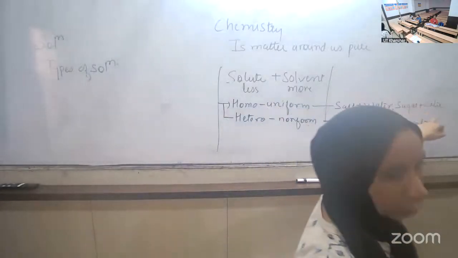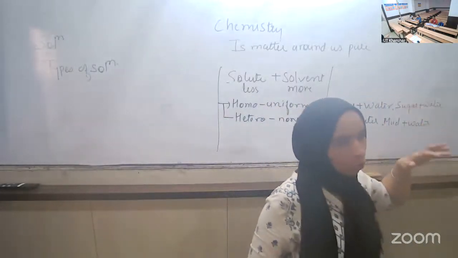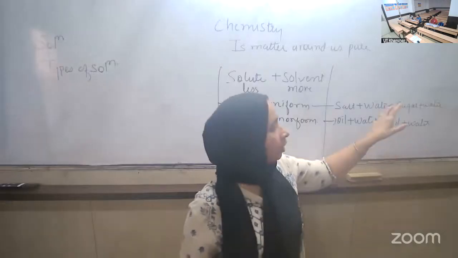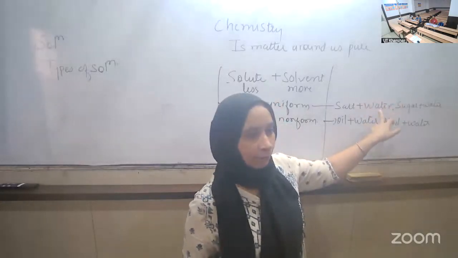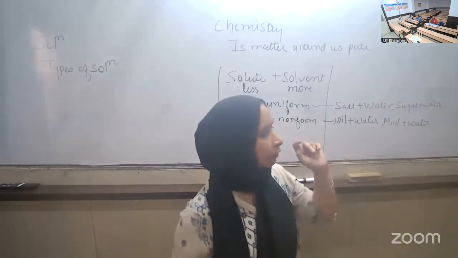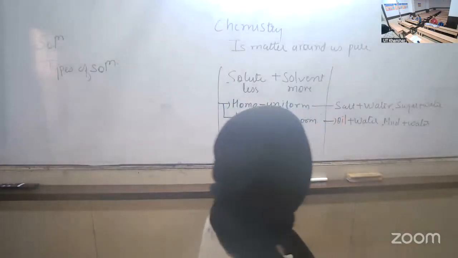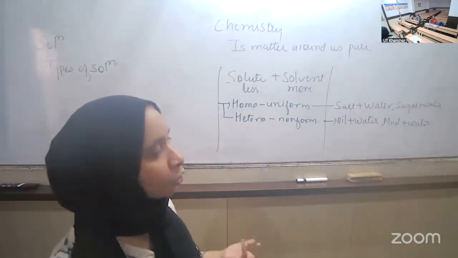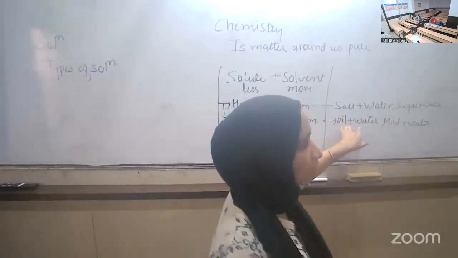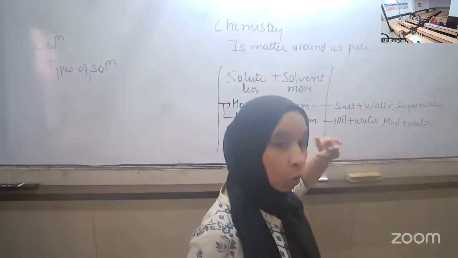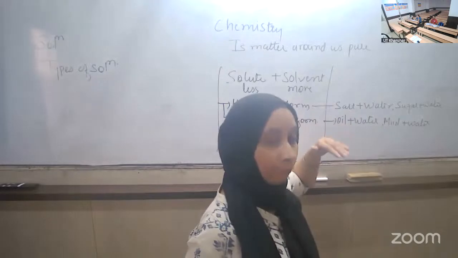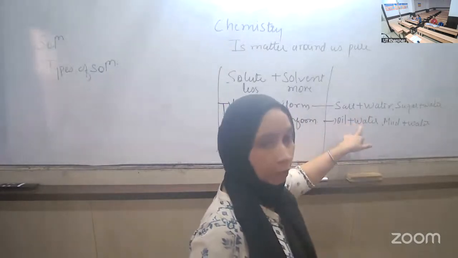Here sugar with water, again the same. We are not going to see two different states, solid state and liquid state. It will be only in the one state. Then next one, heterogeneous solution. Heterogeneous solution means what? The solution which exists in two different states, two different phases, oil in water.